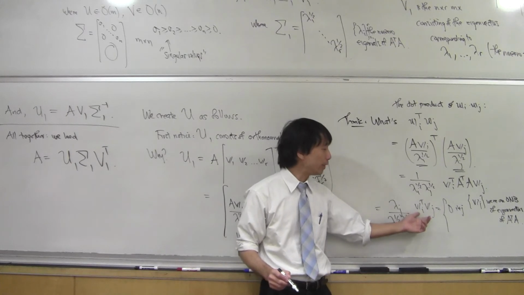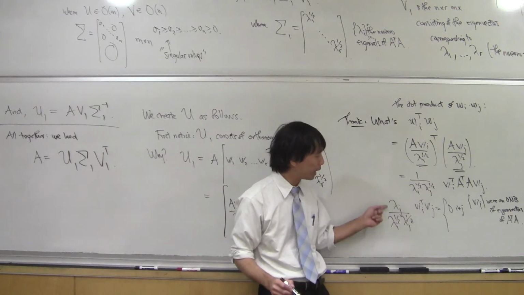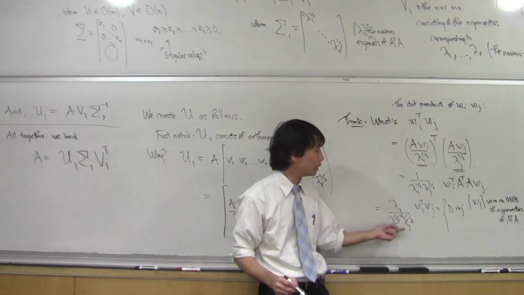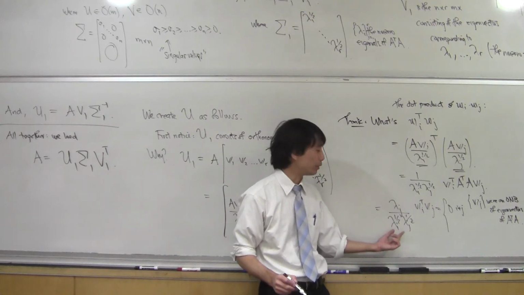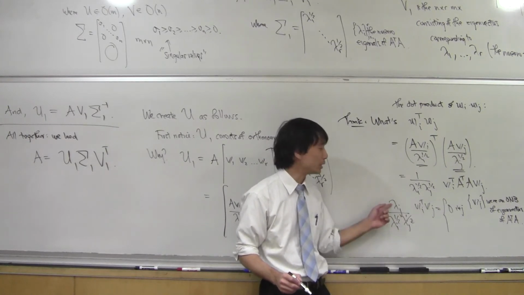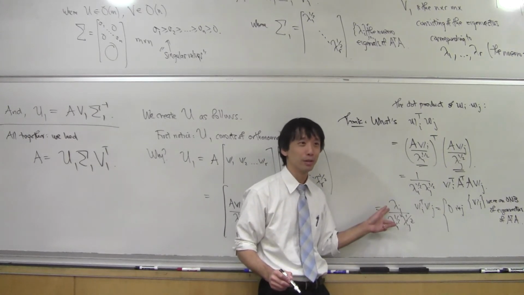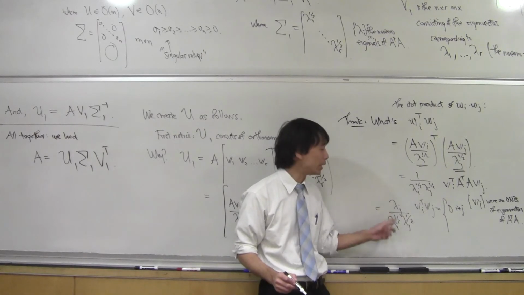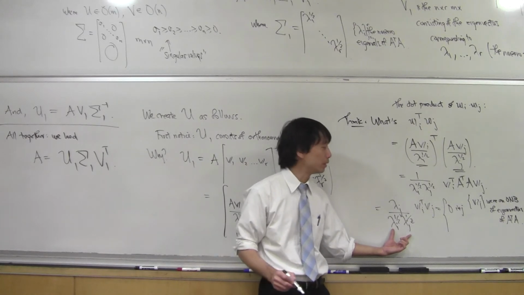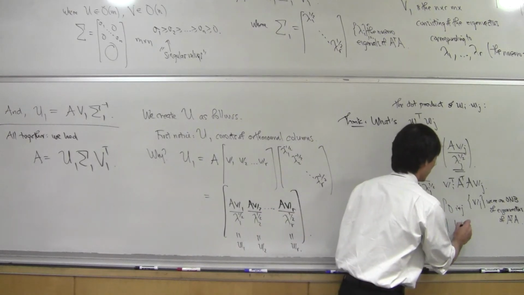And if i equals j, you get lambda j over the square root of lambda j times the square root of lambda j, which is just lambda j. So lambda j over lambda j, that's 1. If i and j are the same, then the bottom is just going to be lambda j. So you get 1 if i equals j.